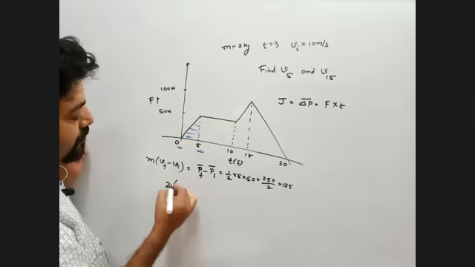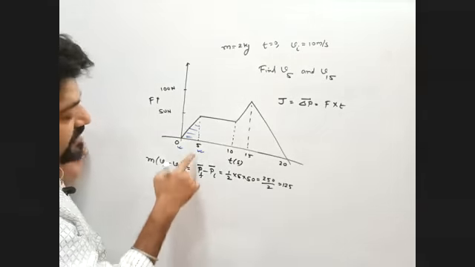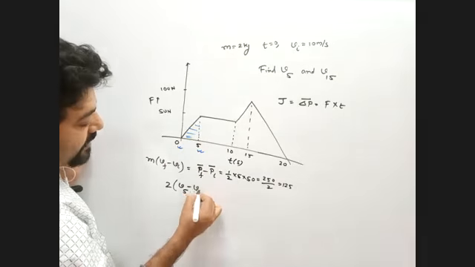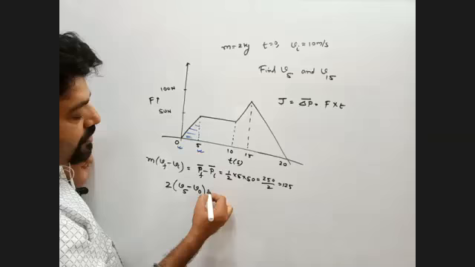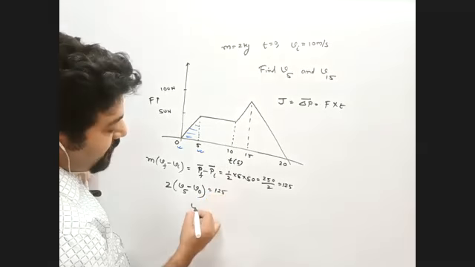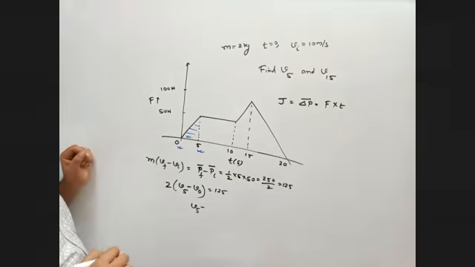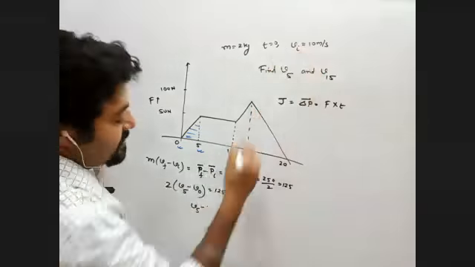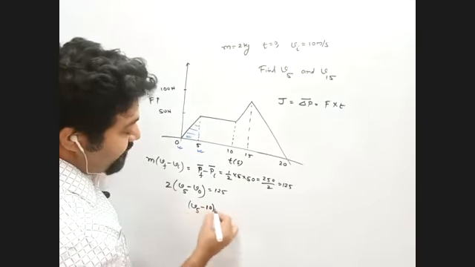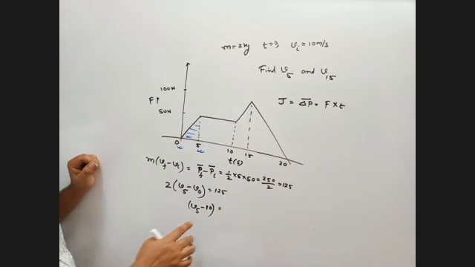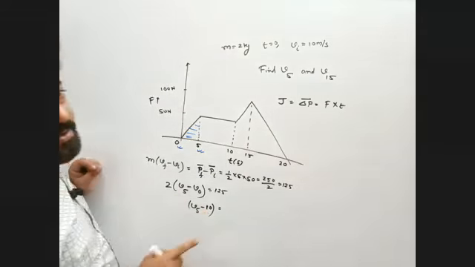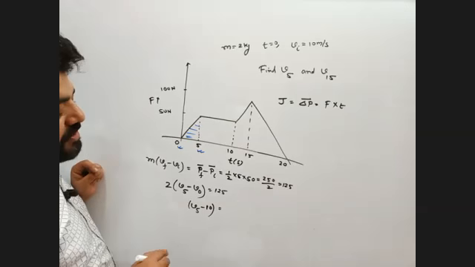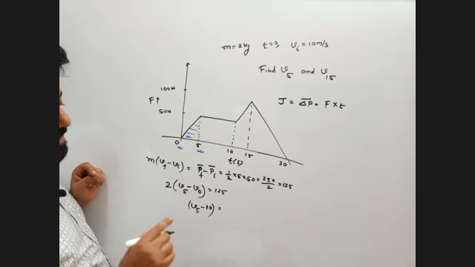Mass is given 2, velocity at 5 seconds we have to find out, minus velocity at 0, that is 125. So velocity at 5 we don't know, but velocity at 0 second is 10, given. Sometimes they don't give anything, so in that case you can say velocity is 0, but here it is mentioned that the velocity is 10 meter per second.